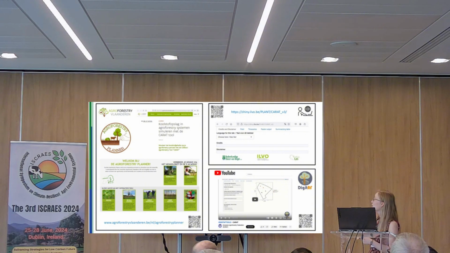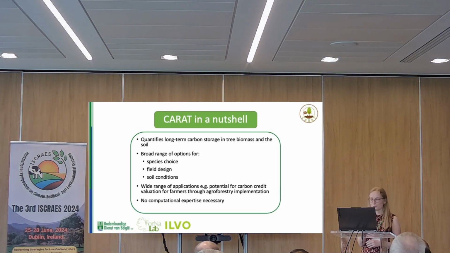But the CARAT tool, you can also use, at the right top, you can use a QR code or the website link. We also made an English manual about the use of the tool, which can also be quite interesting, and a video on how to use the tool.